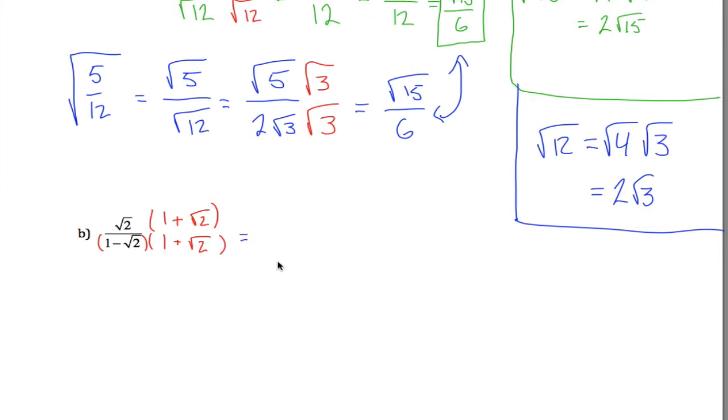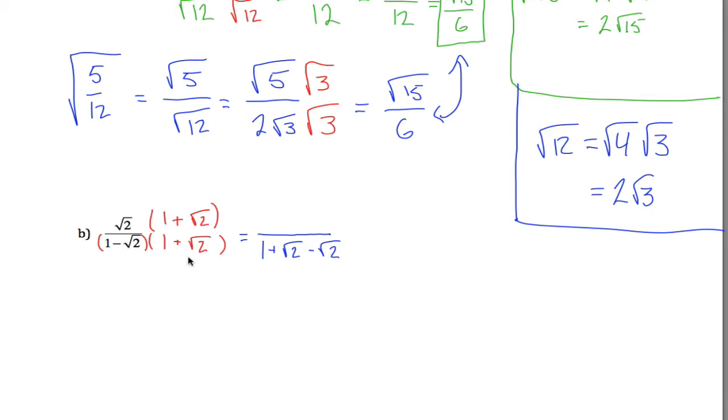I want to show you why that works. Really, the magic is happening down in the denominator here. If you FOIL, if you think about this as a binomial and this is a binomial, 1 times 1 is just 1. 1 times the square root of 2 is just the square root of 2. 1 times negative square root of 2 is the negative square root of 2.